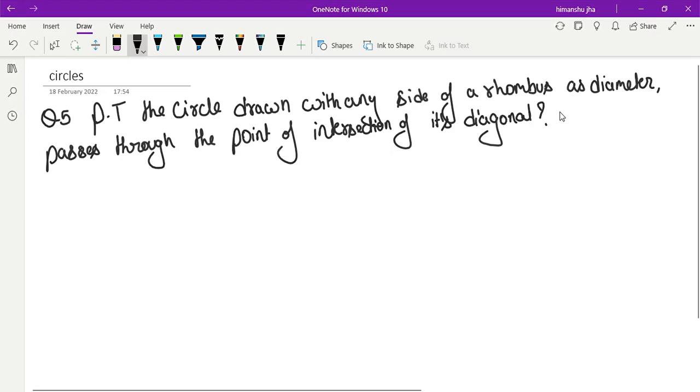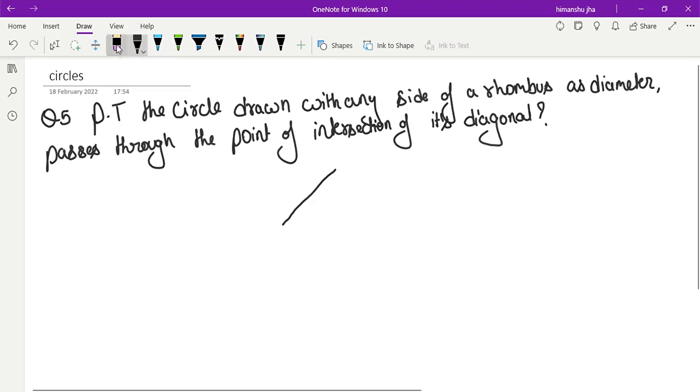Prove that the circle drawn with any side of the rhombus as a diameter. Now what we'll do, first we'll draw a rhombus. So let's say this is the rhombus.